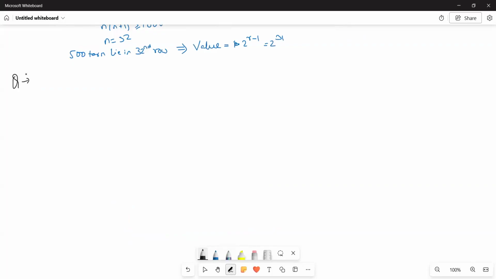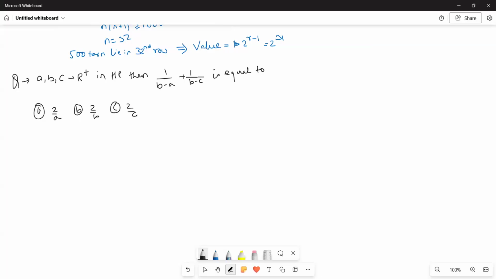Question: if A, B, C are positive real numbers in HP, then 1 by B minus A plus 1 by B minus C is equal to, you have to find the value of this. Options: 2 by A, 2 by B, 2 by C, none.